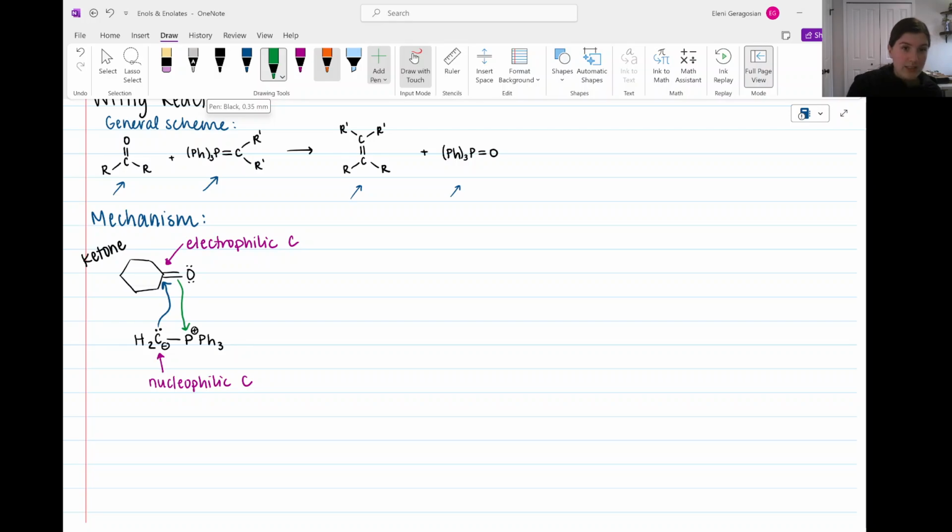So this forms now a 4-membered ring. This is referred to as a 2+2 cycloaddition. All right, we are doing an addition reaction. 2 atoms from the ylide and 2 atoms from the ketone or aldehyde are involved in this cycloaddition.